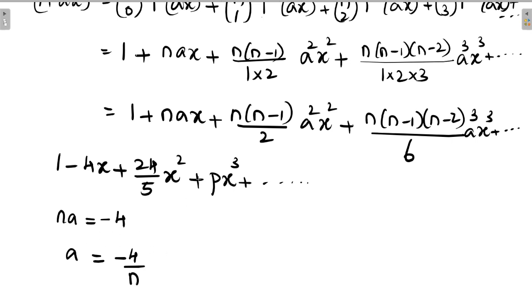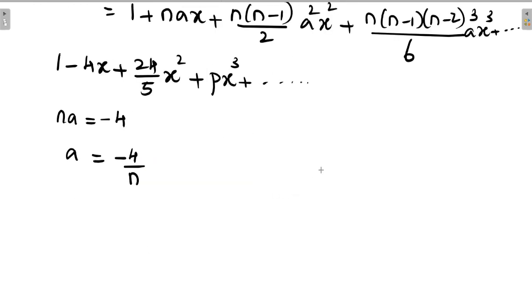Let us equate the coefficient of x squared, that is 24 by 5. So n into (n minus 1) by 2 times a squared is equal to 24 by 5.